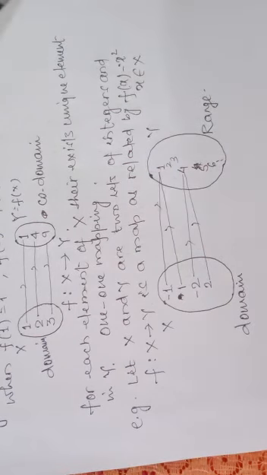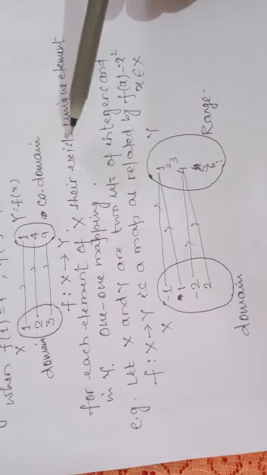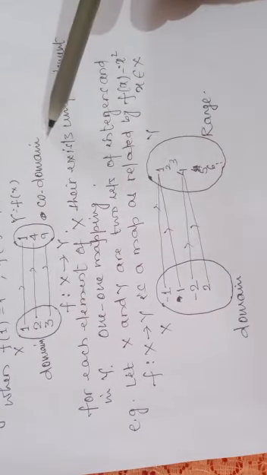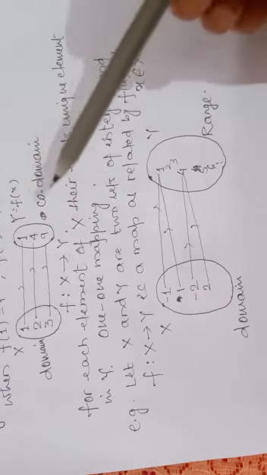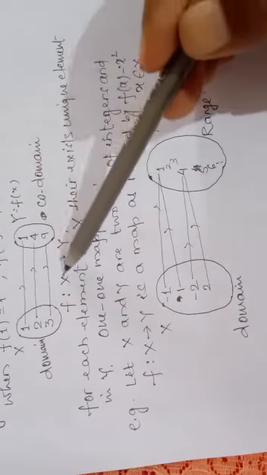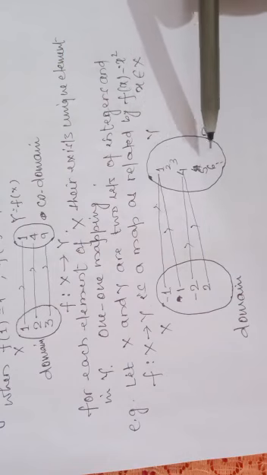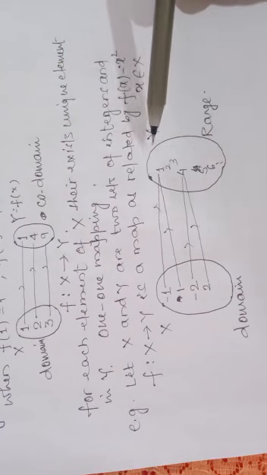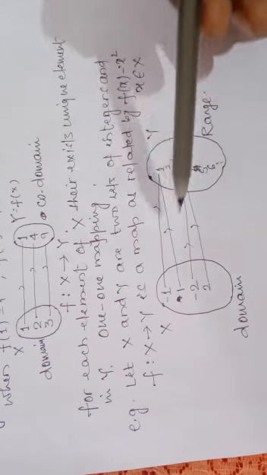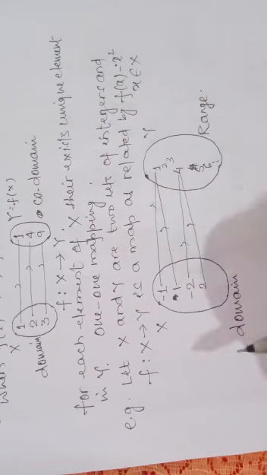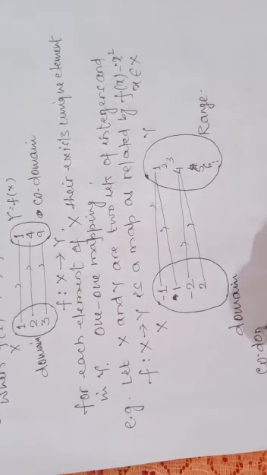The basic difference between codomain and range is that codomain means the set whose each element is an image, and range means at least one element is not the image of the domain.